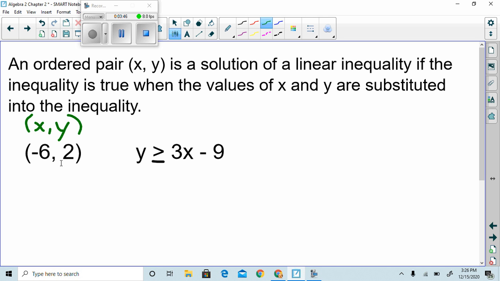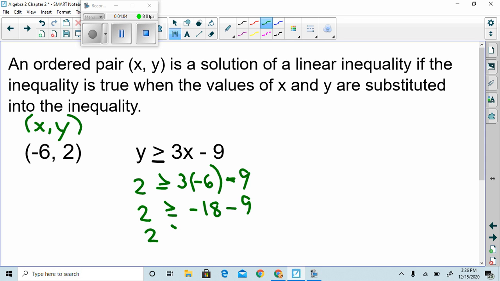I see that y will be replaced with 2. x will be replaced with negative 6. And then we'll subtract 9. So again, let's see how we go about simplifying to test out this possible solution. We've got negative 18 minus 9.